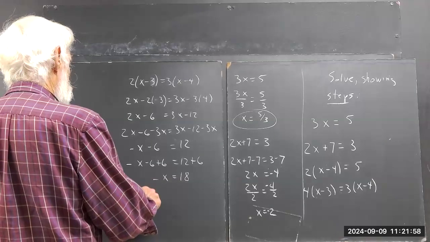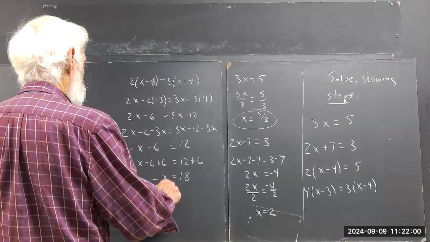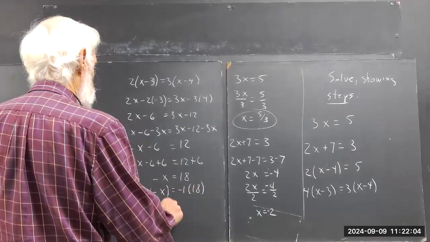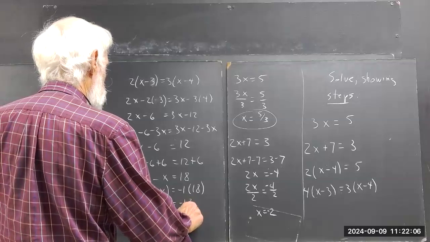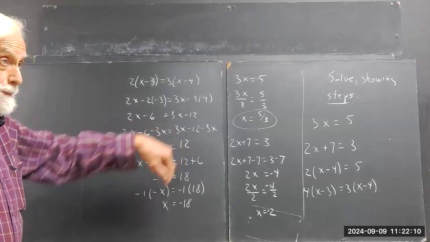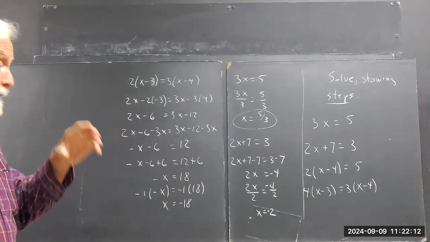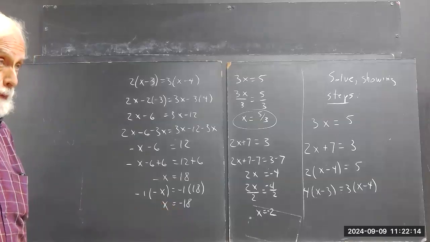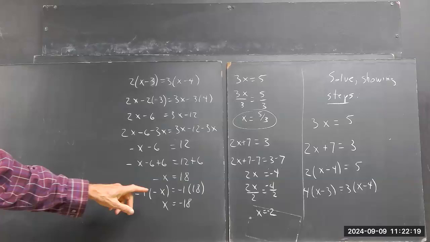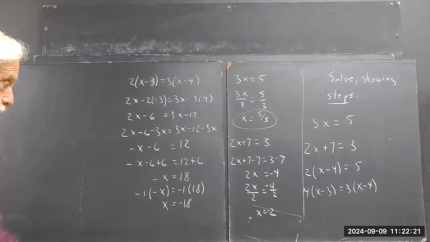Now write that out. And that changes the sign of each side. Now it is legal to just change the sign of both sides, but the official step is you multiply by negative 1. Okay. So you can kind of skip that step as long as you're not making a mistake.